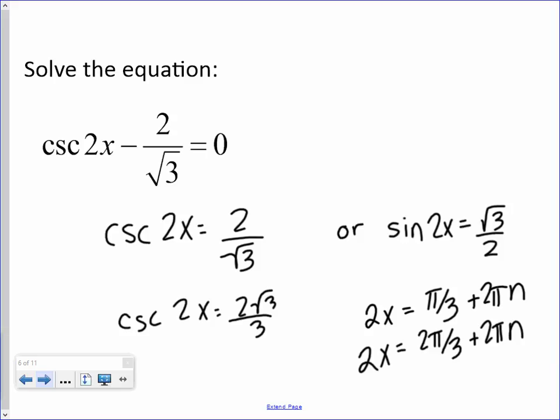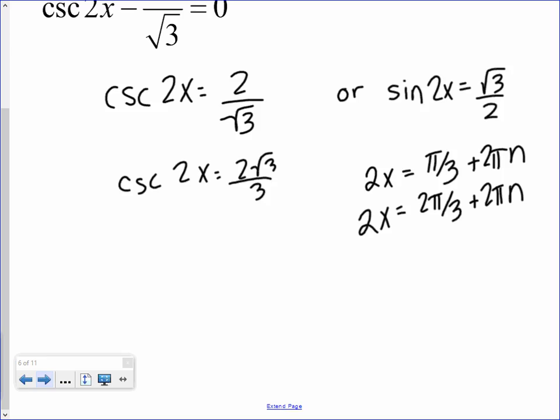Okay, so that setup is still the same, but what's really important is it's not just x equals, it's 2x equals. So you still have one other step to do, which would be divide by 2 or multiply by 1/2. Since with radians I usually have fractions, I usually just go ahead and multiply by 1/2.